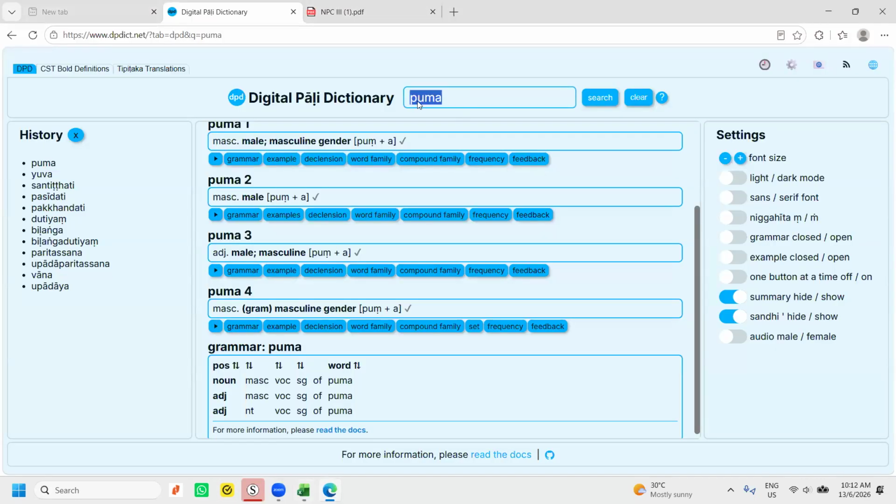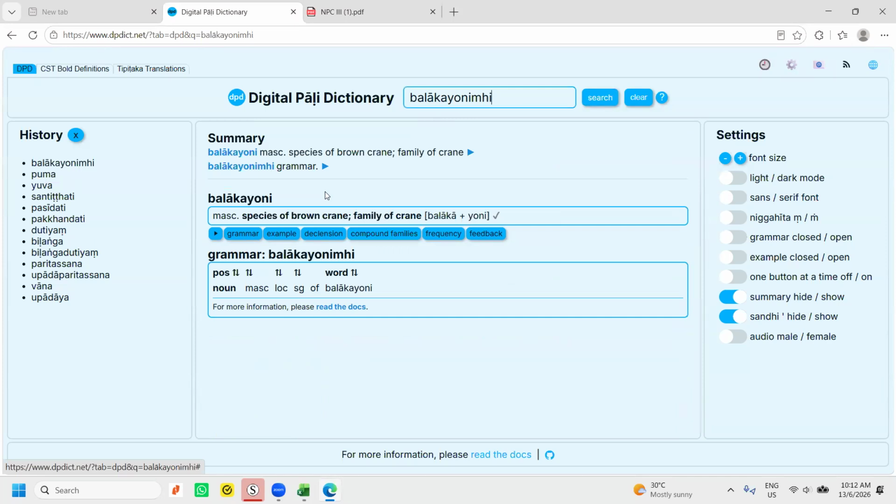Split out the compound. We just run a search and you can see this part up to this part, balaka yoni, that means a species of brown crane. Can you see, a brown crane? So in this case we can just put brown crane, a brown crane will do.